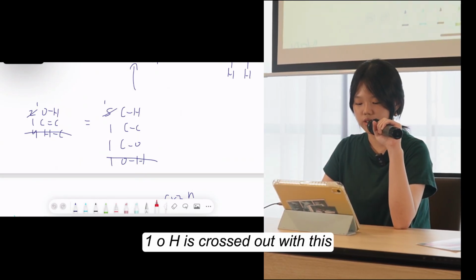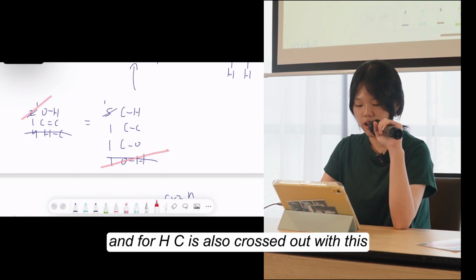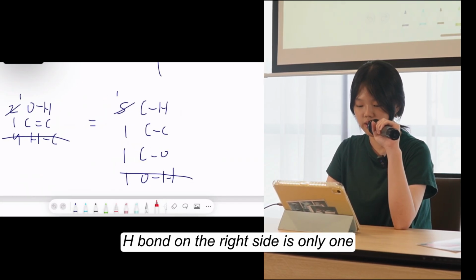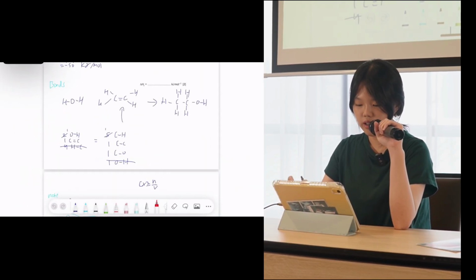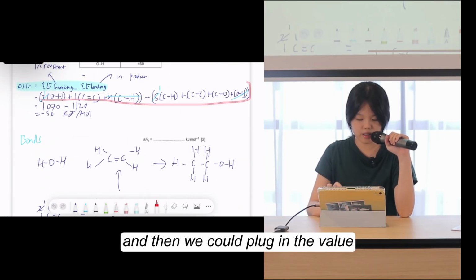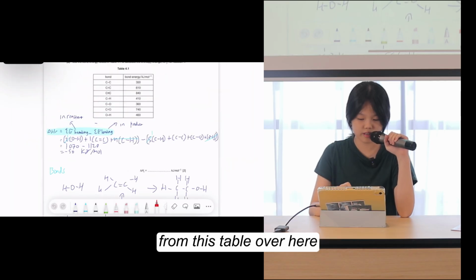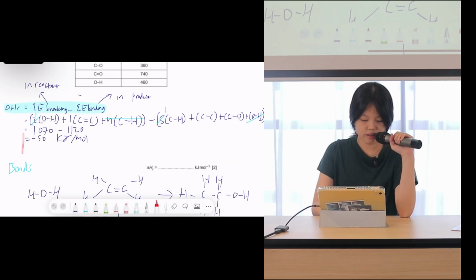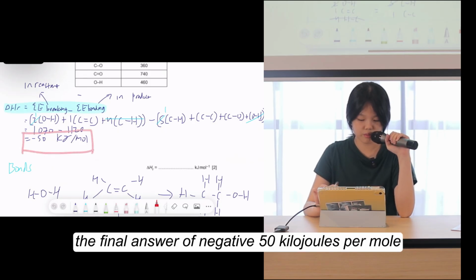Like this one, OH is crossed out with this, and 4 HC is also crossed out with this. So the remaining CH bond on the right side is only 1. So with that, we could plug it into the equation, and then plug in the values from this table over here. Then we would get the final answer of -50 kilojoules per mole.